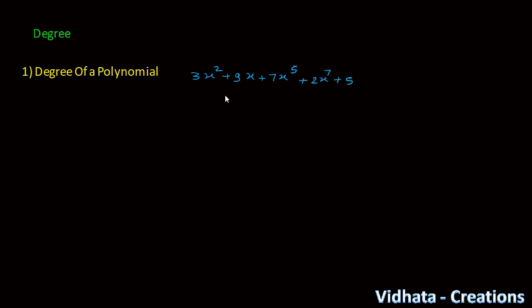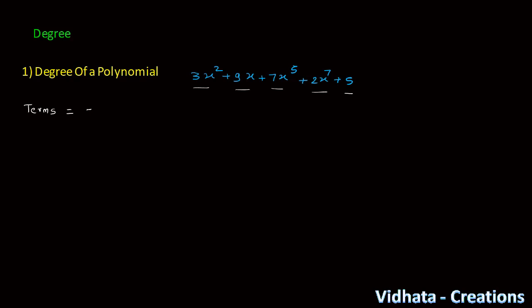Now, if you observe this polynomial, you are going to see how many terms there are. You see that in the given polynomial we have 1, 2, 3, 4 and 5. How many terms are there? In all, the number of terms is 5.